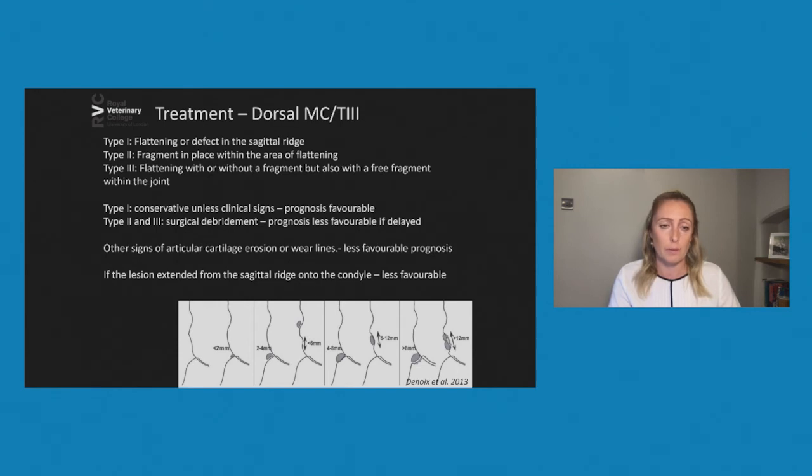Type 2 and 3, surgical debridement is recommended, and the prognosis is less favourable if this is delayed. And again, if there are other signs of articular cartilage erosion or wear lines, there's a less favourable prognosis. If the lesion extends from the sagittal ridge, medially or laterally onto the condyles, there's also a less favourable prognosis.